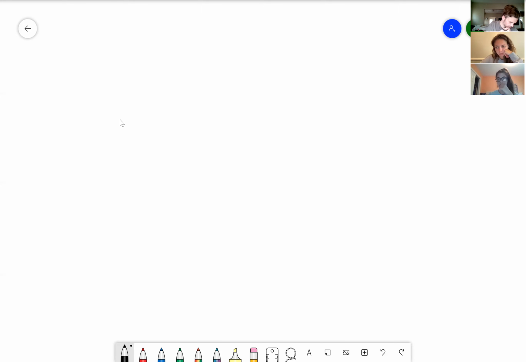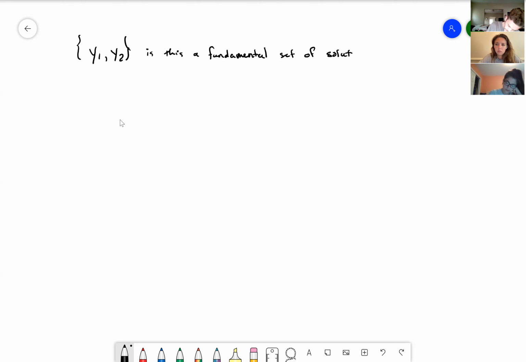Ultimately, this was related to the question of if a pair of solutions comprise a fundamental set of solutions. So if we have a pair of solutions, y1, y2, is this a fundamental set of solutions?